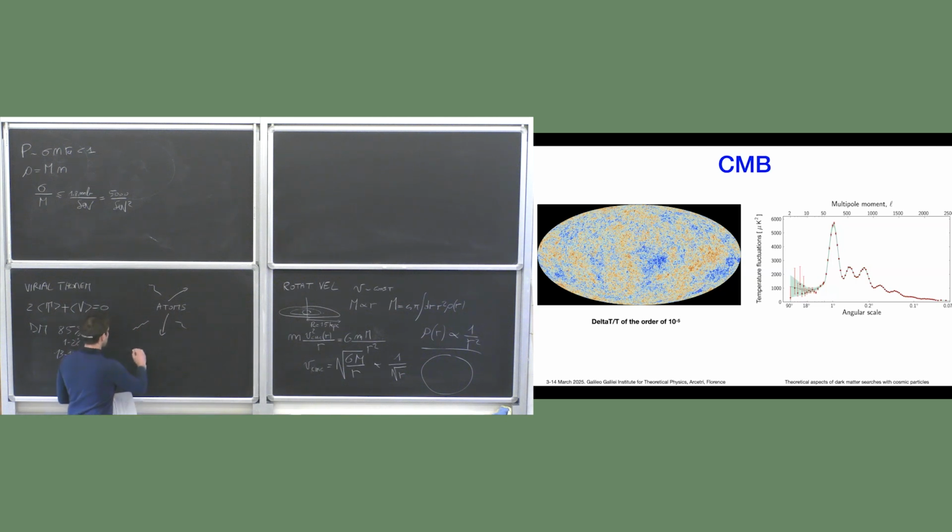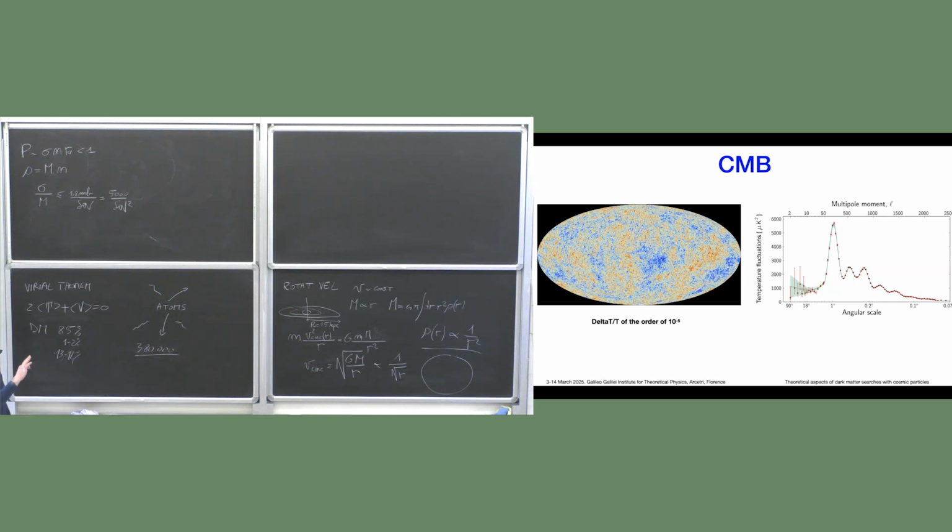At that time, roughly 380,000 years after the Big Bang, light was free to move in the universe. And so if you measure the anisotropy and the distribution of the temperature of the CMB, you basically have a snapshot of the dark matter distribution of the universe at that time.